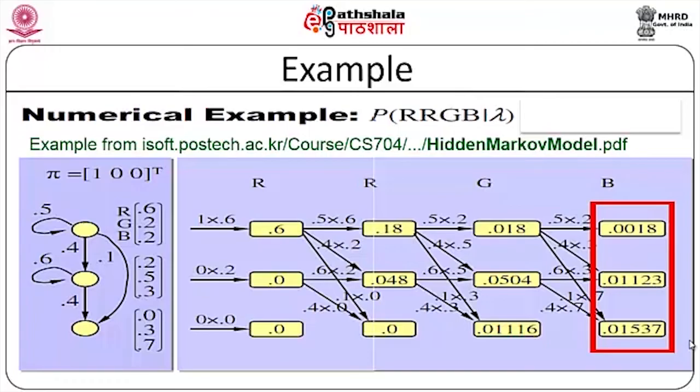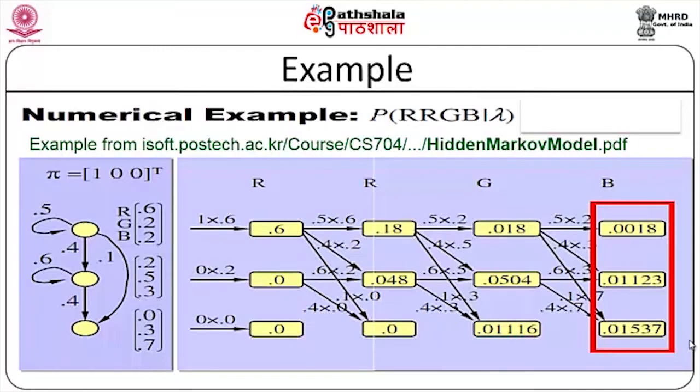From 1 to 2 the probability is 0.4 and the probability of emitting red is 0.2. From 1 to 3 the probability is 0.1 and the probability of emitting red is 0. So, with that you calculate. Similarly, for the second state, you cannot go to 1. From 2 to 2 it is 0.6, and the probability of red is 0.2, that remains the same. And then from 2 to 3 it is 0.4 and the probability of emitting is 0. So, you have those values.